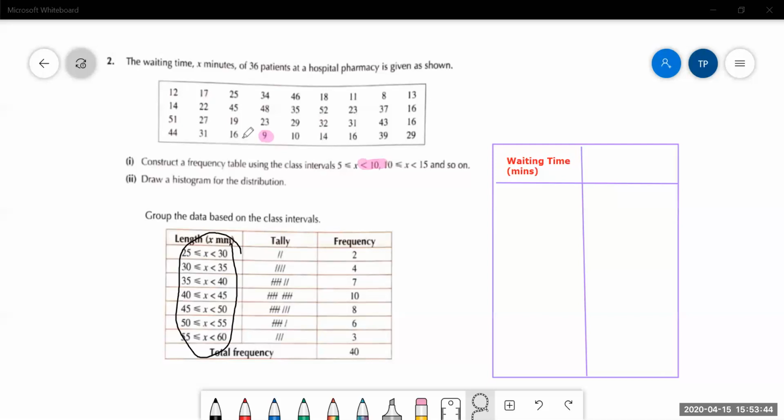Yeah, excluding 10. So we have 1, 9 here. Any other values that is less than 10? We have 1, 8 here. Any other values? No more already, right?